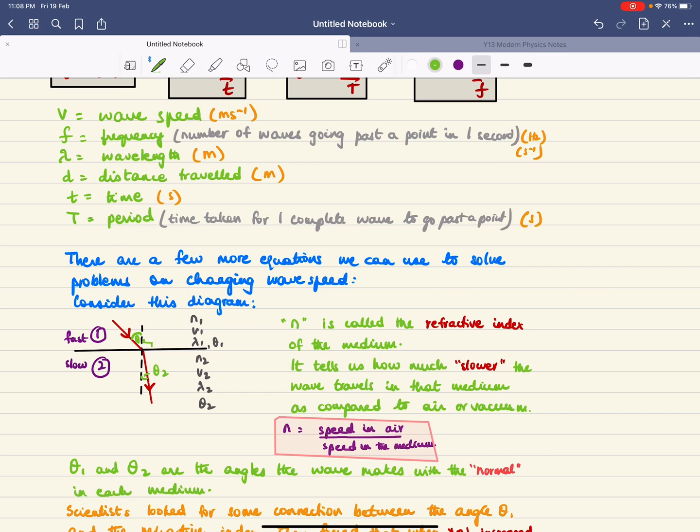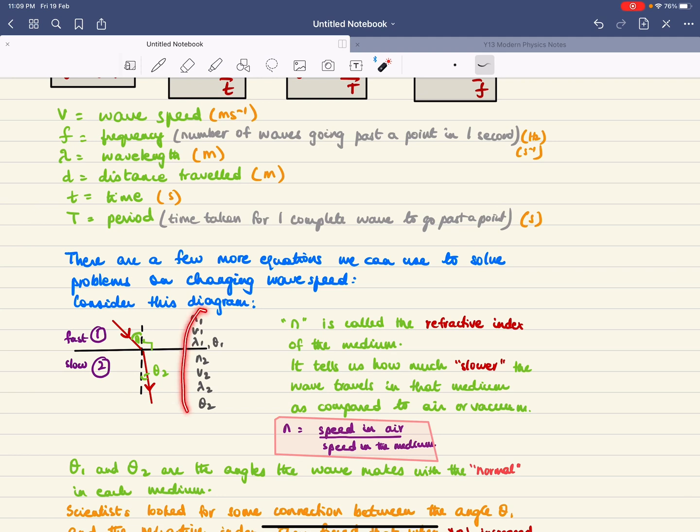When the wave goes from a faster to a slower medium, the angle of incidence is always bigger than the angle of refraction. It bends towards the normal when it slows down.